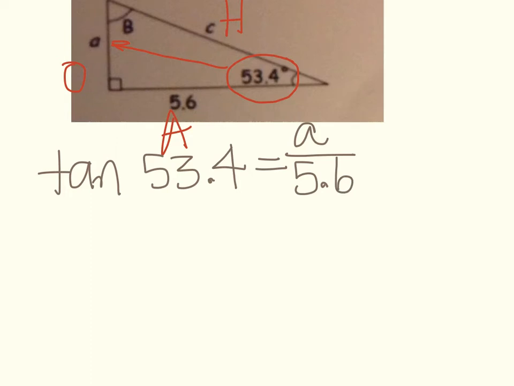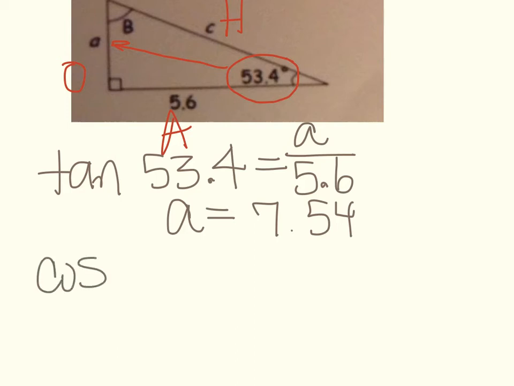So here I'm going to take both sides of the equation and multiply by 5.6. I find out that A equals about 7.54. Now let's look at solving for C. To solve for C, I have the adjacent and the hypotenuse. Adjacent and hypotenuse is a cosine function.